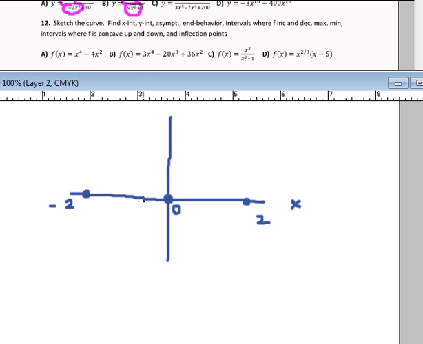So we have square root of 2, minus 4. I'm not going to draw this to scale. Let me put the minus 4 here. Square root of 2, minus 4 and minus square root of 2, minus 4. So those are both minimums, so draw them as minimums. And 0, 0 is a maximum, so draw that as a maximum.